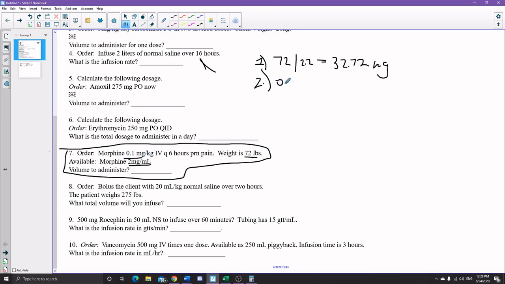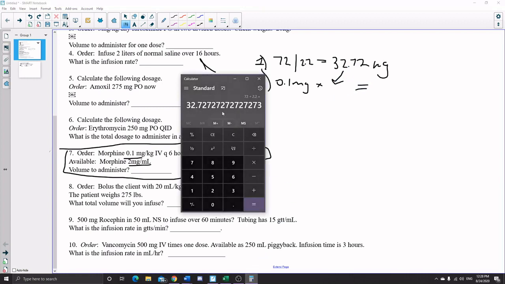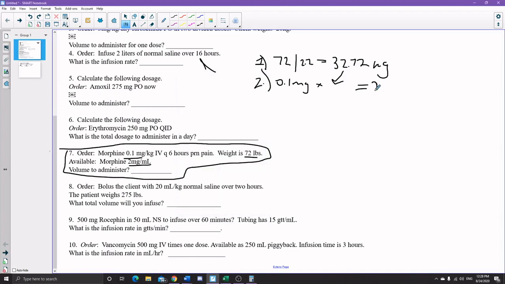So 0.1 mg times that number equals, so you can take our calculator, take this same number and multiply that by 0.1. I got 3.27. So 3.27, that's the amount we need Q6 hours for pain for this specific patient, okay?